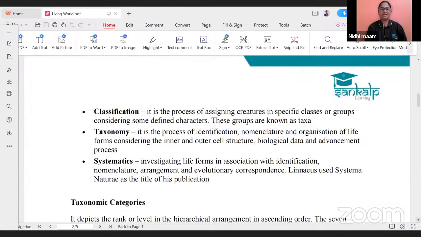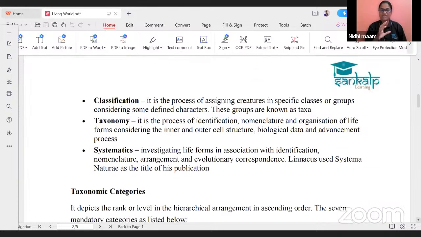Next, in nomenclature, first we will classify. We classify whether the organism belongs to a plant or an animal, an invertebrate or a vertebrate. Like this we classify depending on the defined characters.